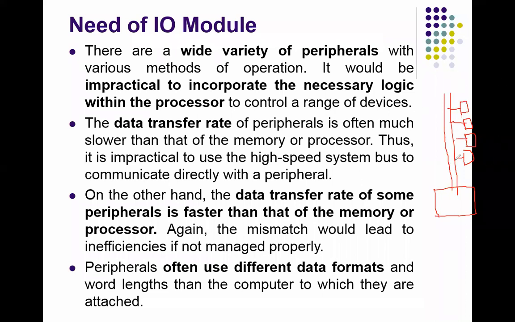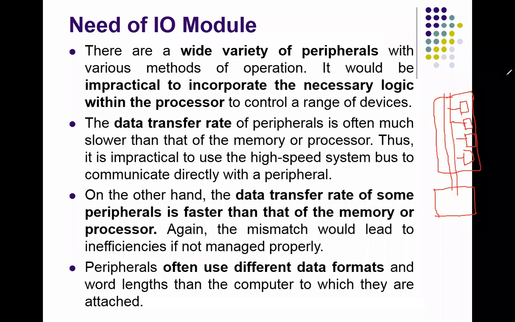So that's why another device, another module, should be required to coordinate with all these different types of input output devices. The other thing is these different devices have a different data format.